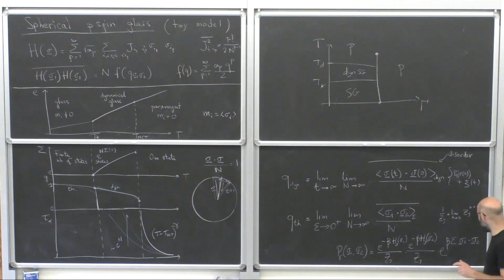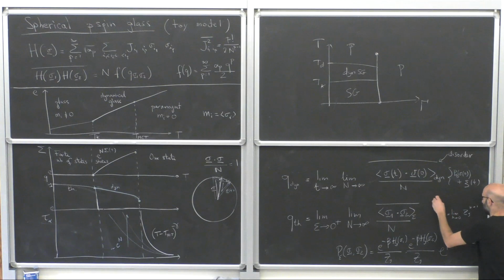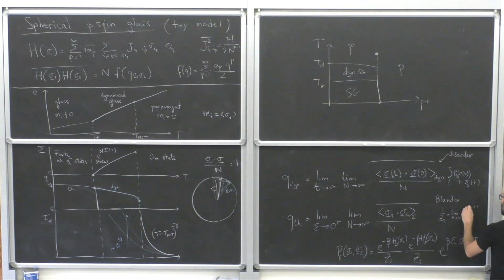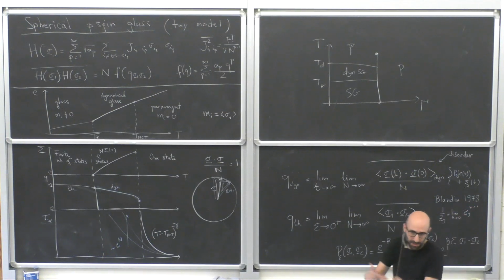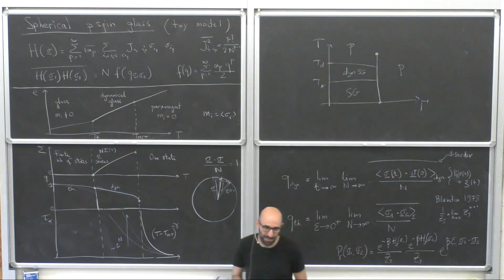So this is something that, there is a really beautiful paper by Blandin, if you are curious about a bit of the history, it's a paper of 1978. I think I can give you the exact reference where he discusses this. But the problem was how to break the symmetry, and then there is the work of Parisi who understood how to break the symmetry.